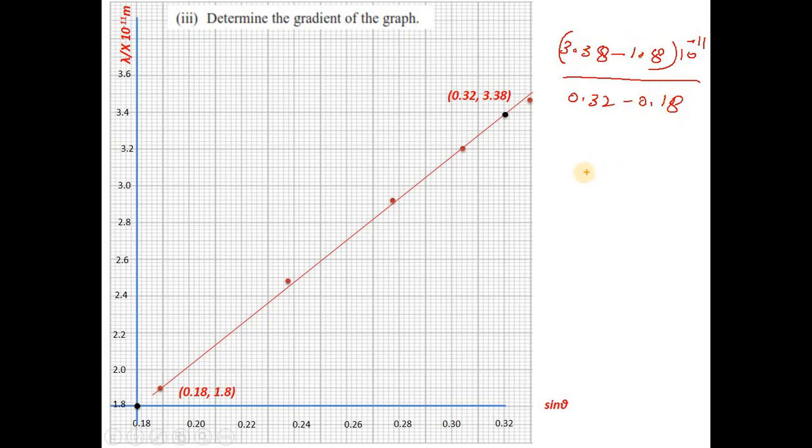If you simplify this, you have the answer 11.2 times 10 to the power minus 11. And what should be the unit? Because this is lambda over sine theta, and sine theta has no unit, lambda has the unit meter. So this is in meters, and this is your gradient. Or you can write the gradient as 1.12 times 10 to the power minus 10 meter. This is the gradient.